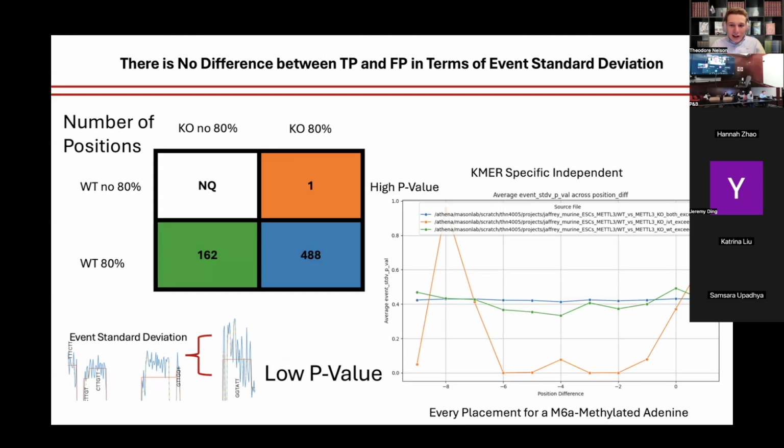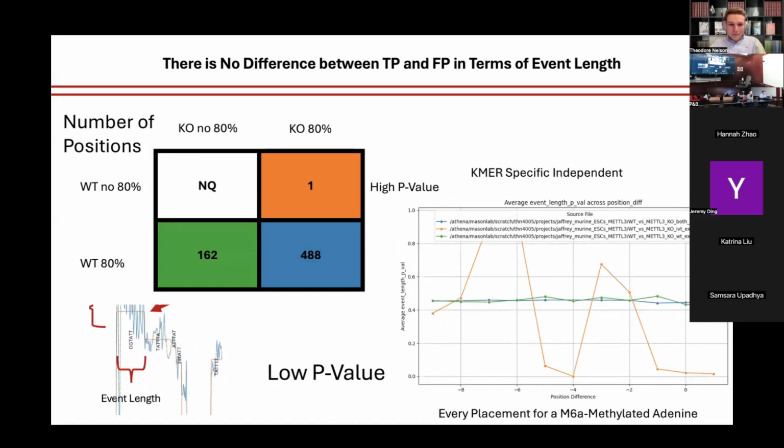That one knockout is going to have a lot of variation because it's just one signal. But on average, the true positive and false positive for event standard deviation have very little difference. For event length, there's also relatively little difference between the true positive cohort and the false positive cohort.